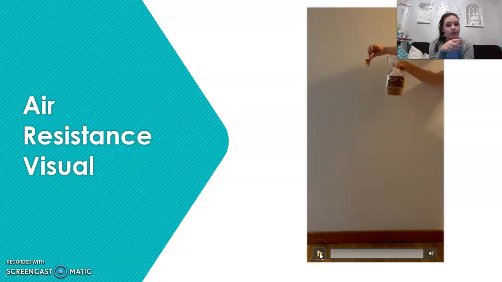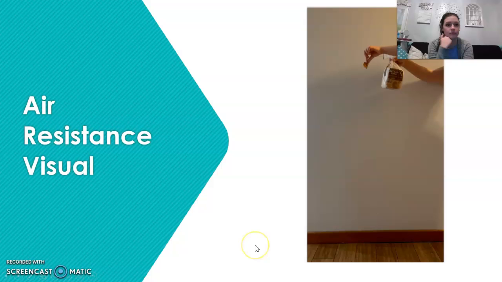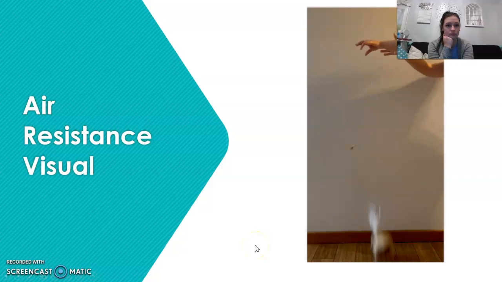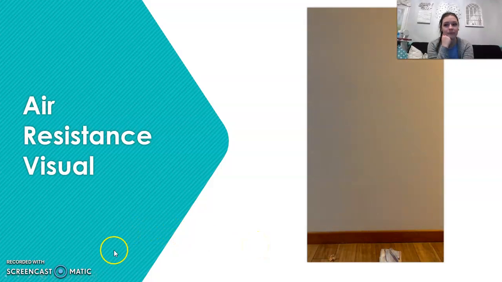And it shows you the air resistance on the leaf versus the bag goes straight down. So there's a visual for all you visual learners who can't just learn by me speaking to you and telling you the information.